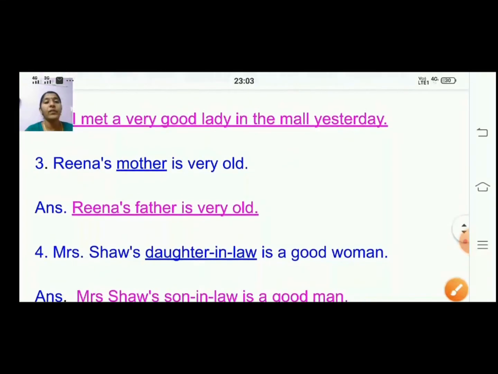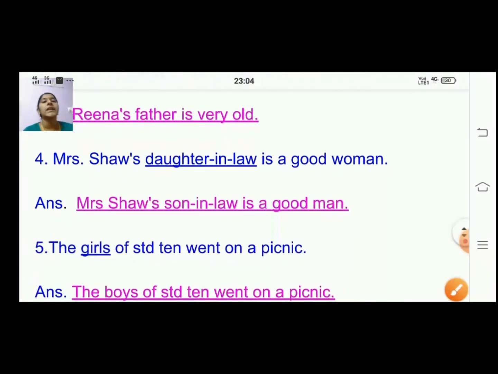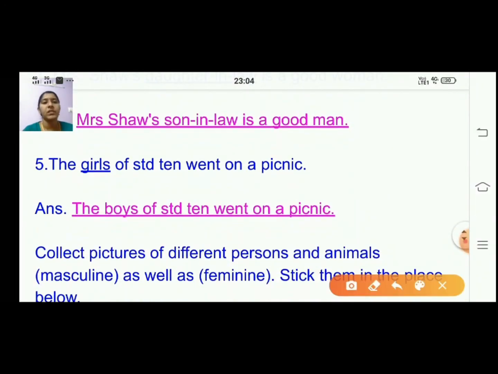Then we have Reena's mother, female. So we are changing it to father, masculine gender, male, right? And then you have daughter-in-law, feminine. So we are changing it to son-in-law, S-O-N, son. Son, it's boy, right? Son-in-law. The spelling you should know, right? The next one, here again, girls. We are changing it to boys. So these are the things which we saw.